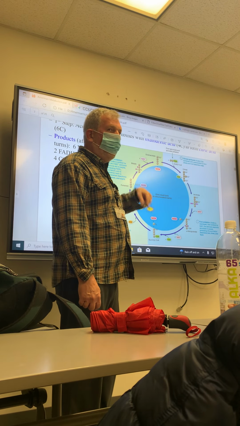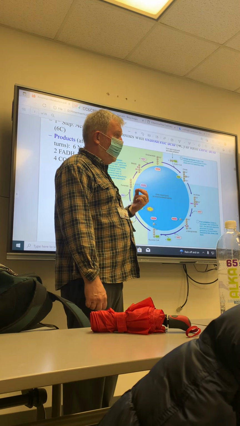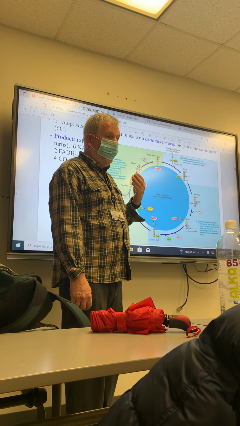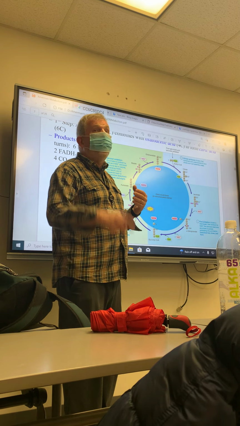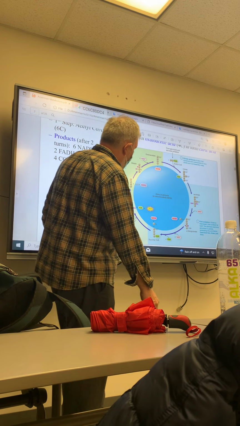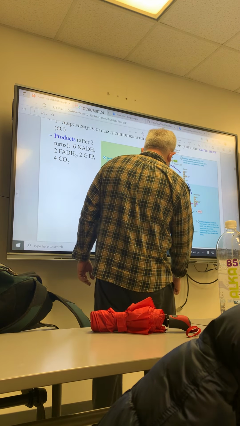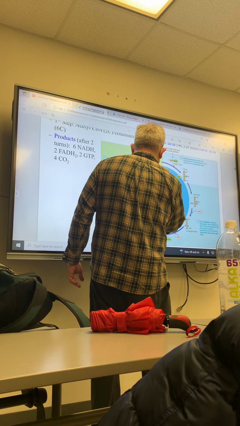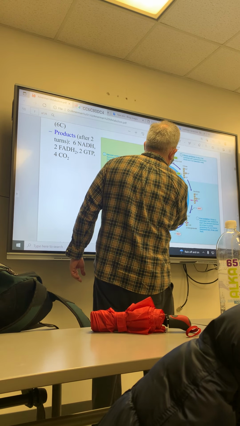So during each turn, we have to get rid of how many carbons? 2, in the form of? Carbon always comes in the form of carbon dioxide. That's what they're trying to show here. If you look carefully, you can find carbon dioxides being removed on the inside of the circle.